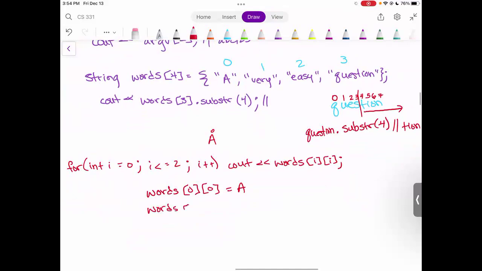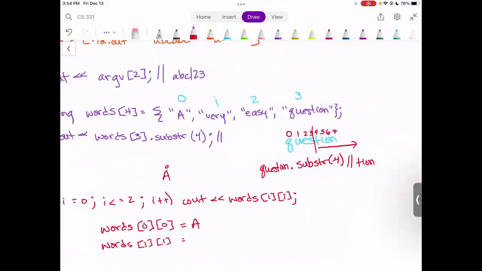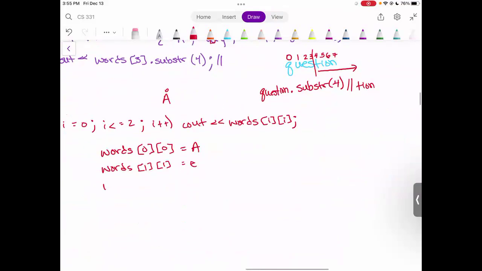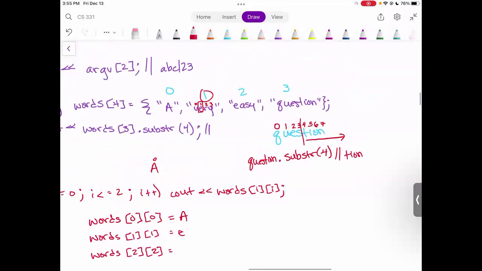i becomes 1, so it's words of 1. And so we go to 1, and we break it down, 0, 1, 2, 3. And here's the 1, E. And so words of 2. Go to position 2 again.